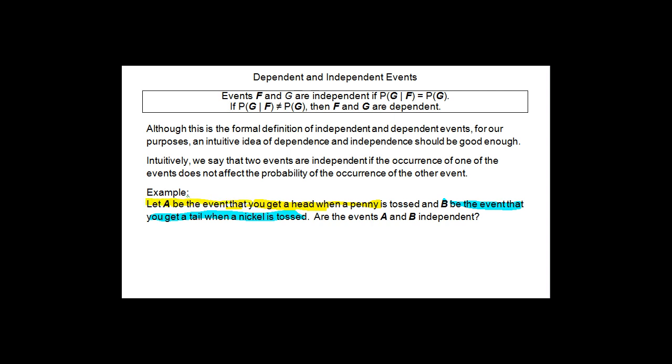I think you can see just intuitively that those two events are independent. What I get when I toss that penny, whether it's head or tail, is not going to have any effect at all on what I get when I turn around next and toss the nickel and get either a head or a tail. So those events are obviously independent. They just don't have anything to do with each other. And that's the intuitive definition of independence.